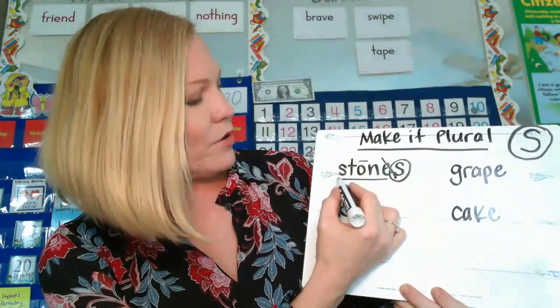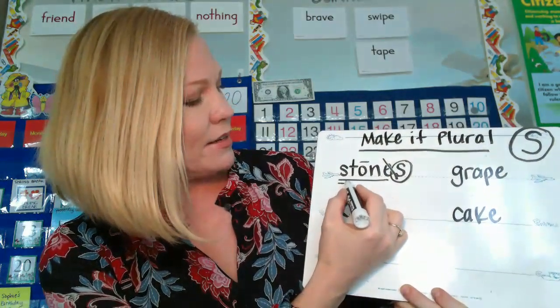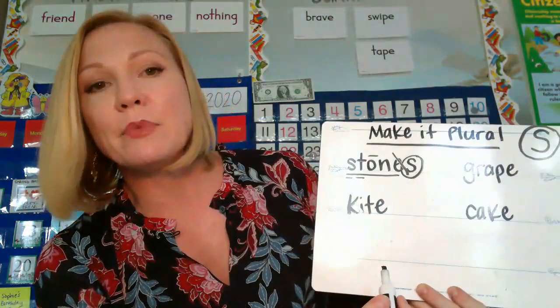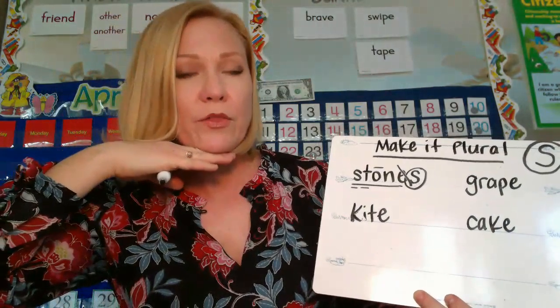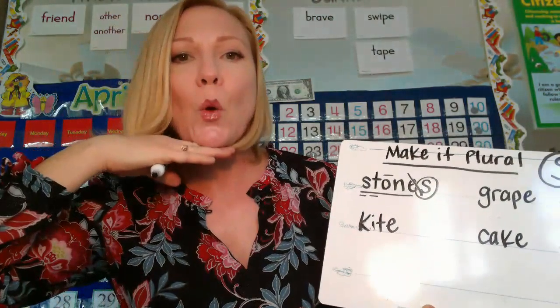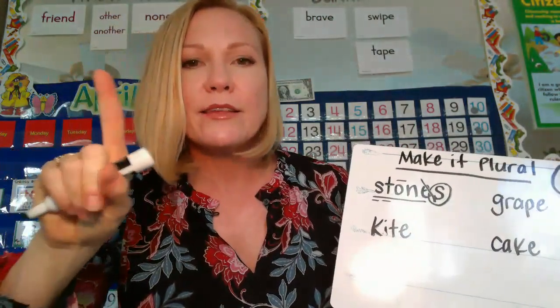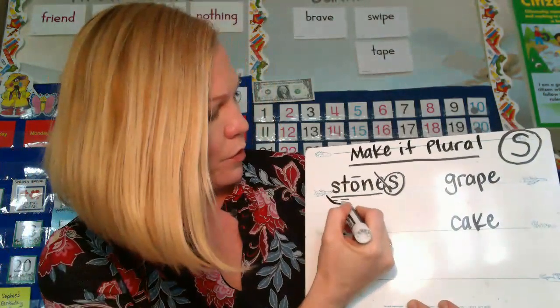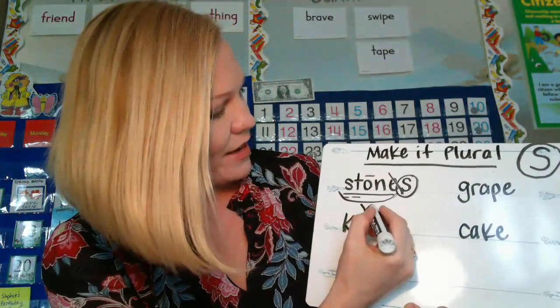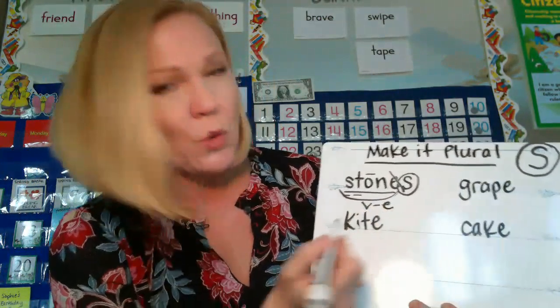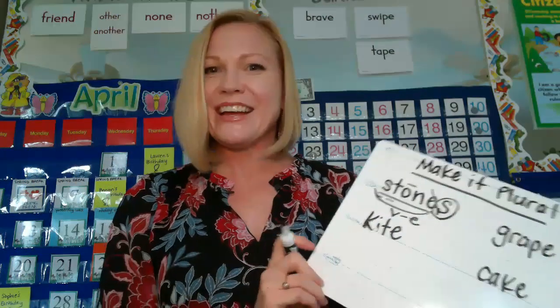I also hear the st consonant blend, and I know that the word stone without the S is one syllable. So I'm going to swoop all the way, stop at the S, and mark this as a V-E word. Excellent.